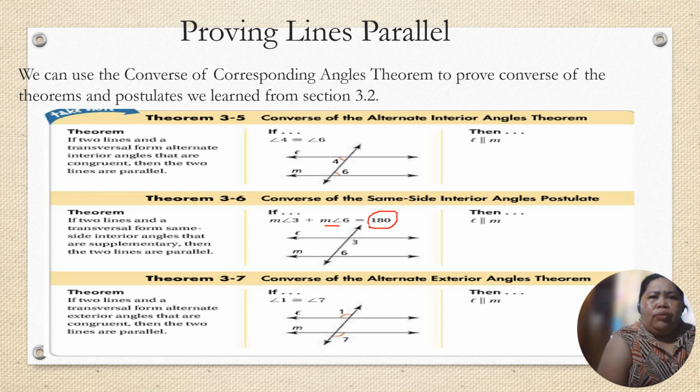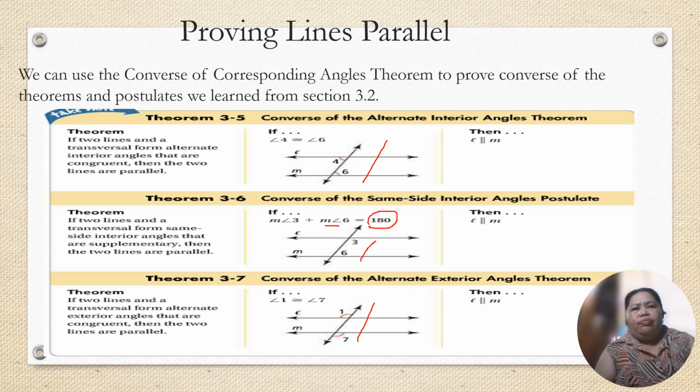Like if angle 1 is congruent to angle 2, or angle 7, then line L is parallel to M. So here we have same side, here we have alternate interior, and this is alternate exterior. And of course, we have the same side interior angles postulate. Just know how to prove it.